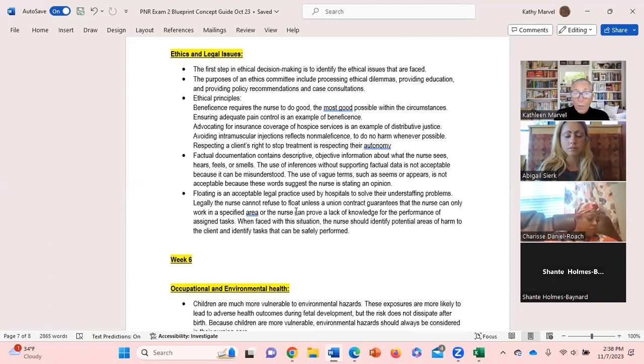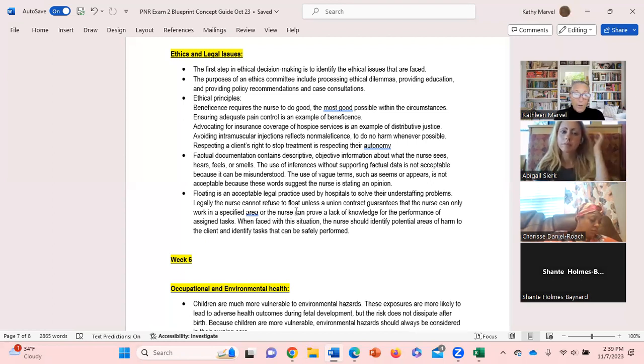So you've got to be careful what you chart. You can't use inferences without supporting factual data. The use of vague terms, he seems, or he appears, she seems, she appears, is not acceptable, because it just makes the assumption that you're stating your opinion. So you've got to remember that.